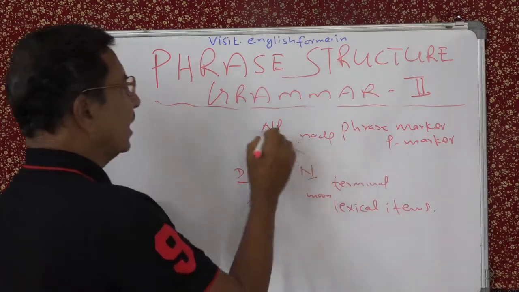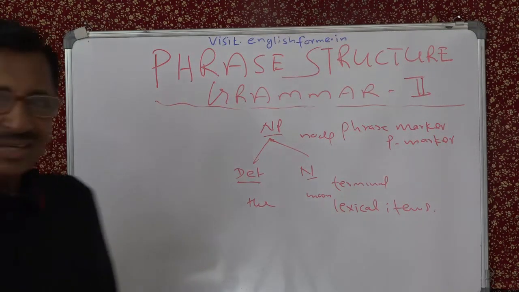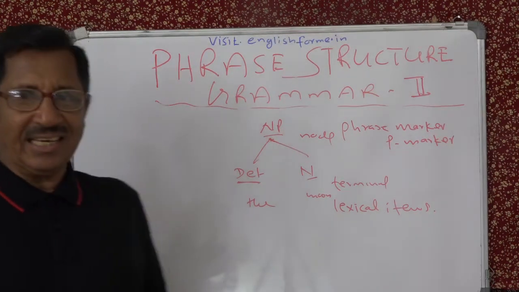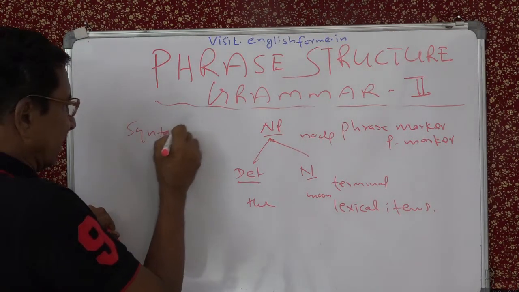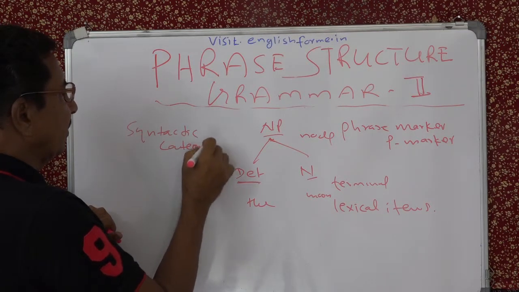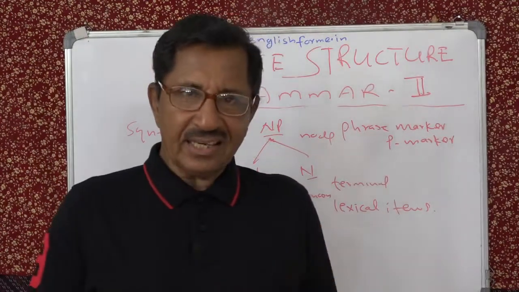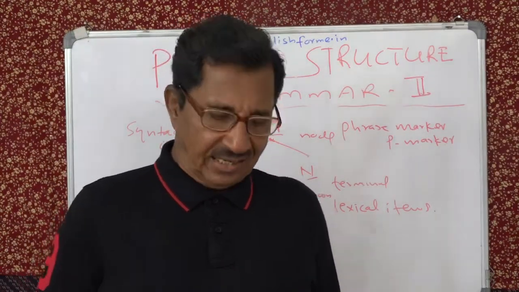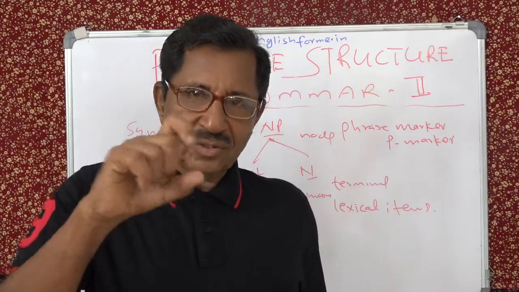These names NP. What is NP? NP means a syntactic category. So in PSG you have syntactic categories and also lexical categories. Syntactic categories are constituents of sentence.